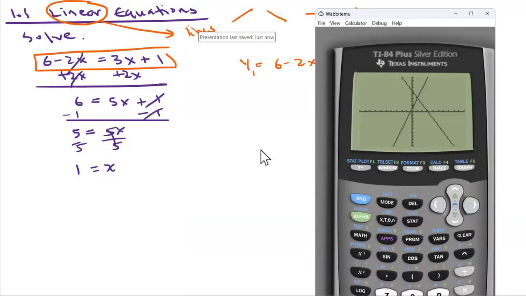But what does that mean? That means when we graph these two equations, that is where they intersect, at x equals 1, right here. It seems complicated, but it's not too bad. When we solve this equation, we're trying to figure out where they are crossing. What is the point of intersection where they both equal each other? That's going to be at x equals 1.